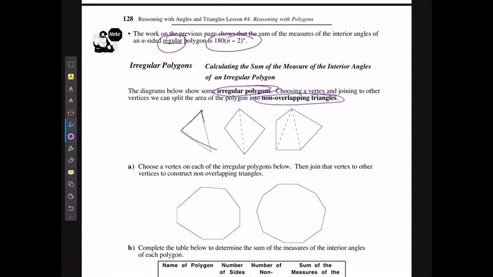So this one already is a triangle. This 4-sided shape, we just picked one vertex and connected it to another one to create 2 triangles. This 5-sided shape, pick a vertex and split it here, and we wind up with 3 triangles.